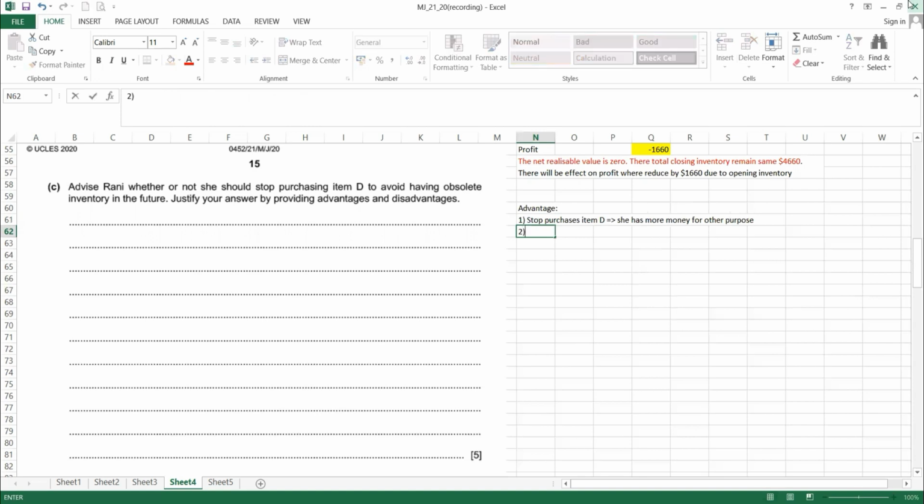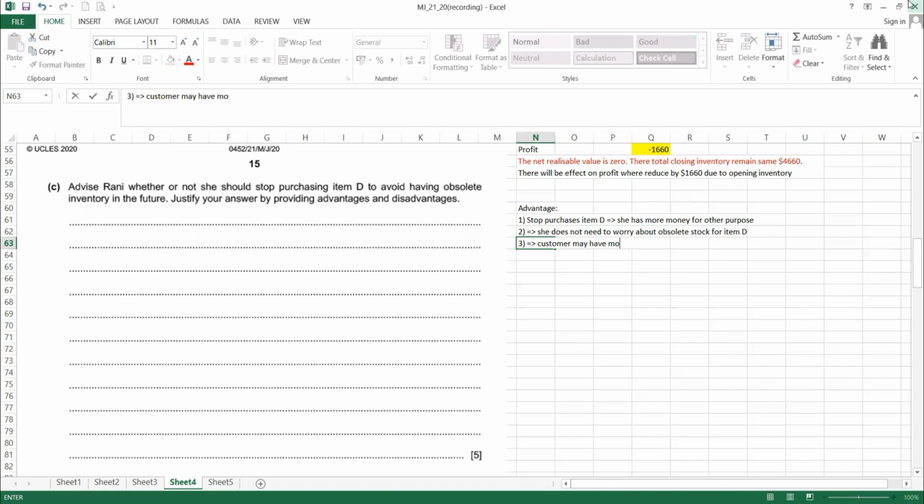And also, if she stops buying the item D, she does not need to worry about obsolete stock for item D. Other than that, it will be good for her business because customers may have more choices.